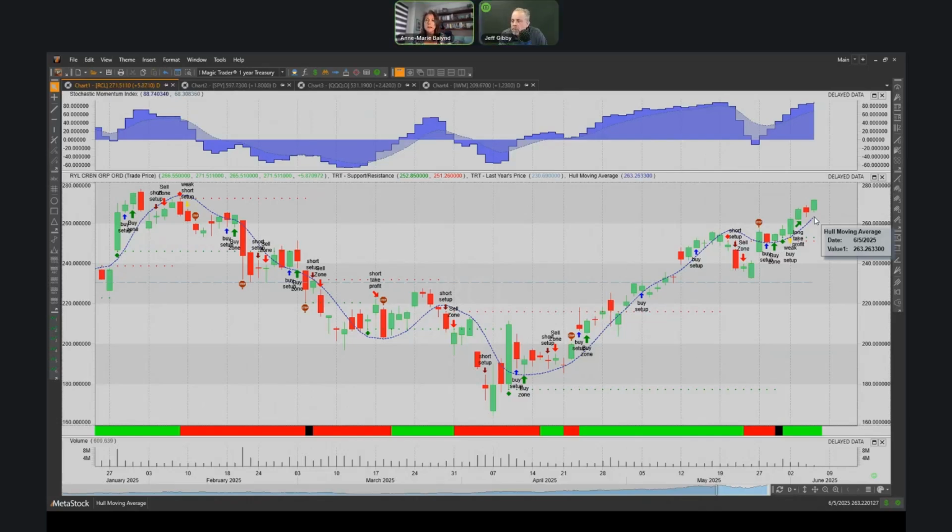And then I'll do the same thing getting out. I'll take a third of it when it gets back to my prior congestion area. I often like to look at the prior sell zones that the chart shows, so I would go all the way to the left of the chart, to the beginning where we first start seeing the candlesticks.